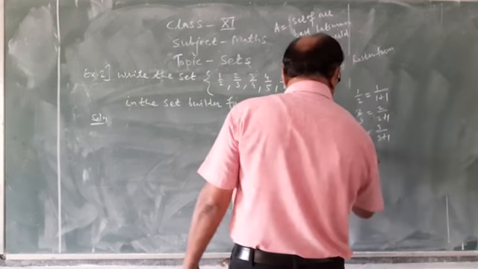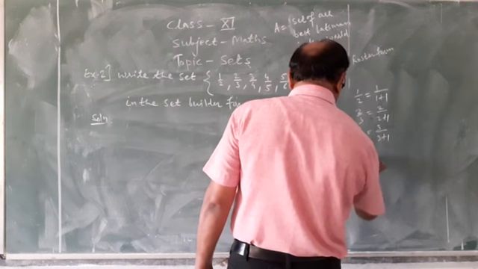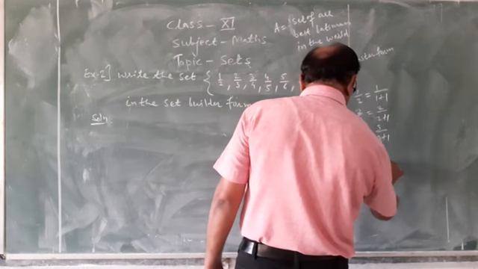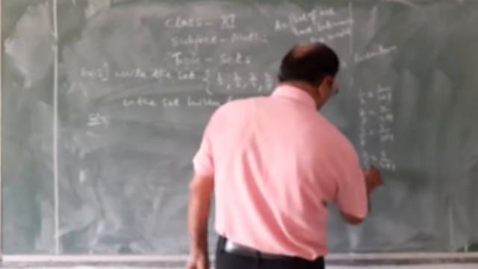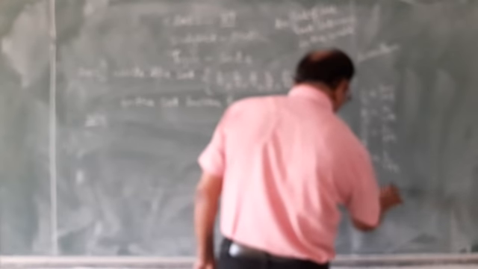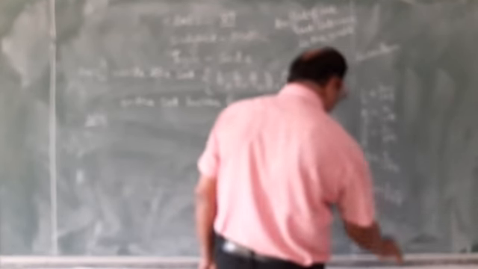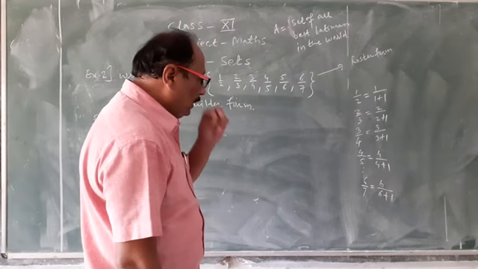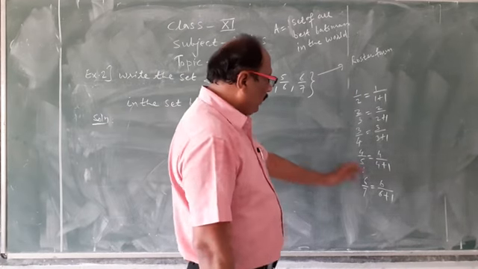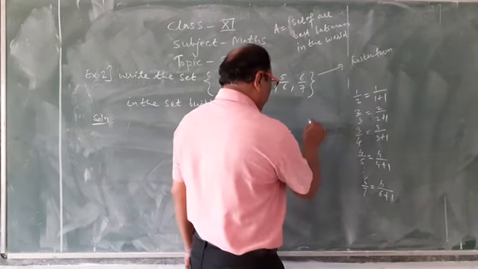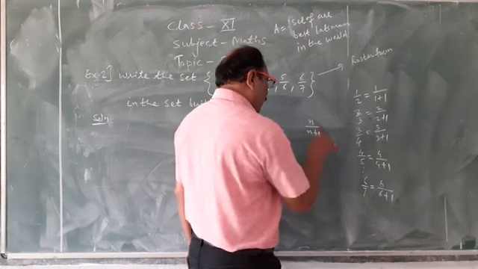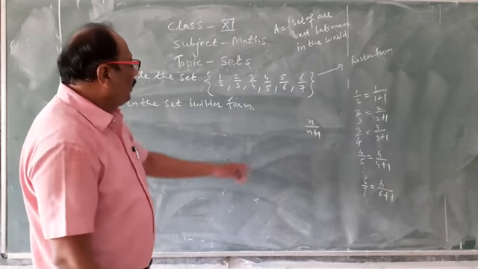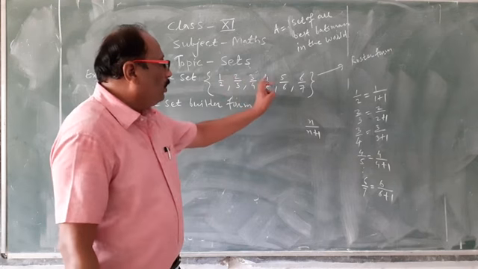Then 4 upon 5 is 4 upon 4 plus 1. And the last one is 6 upon 7 means 6 upon 6 plus 1. Means in general we write n upon n plus 1. What is n? N means 1, 2, 3, 4, 5, 6.